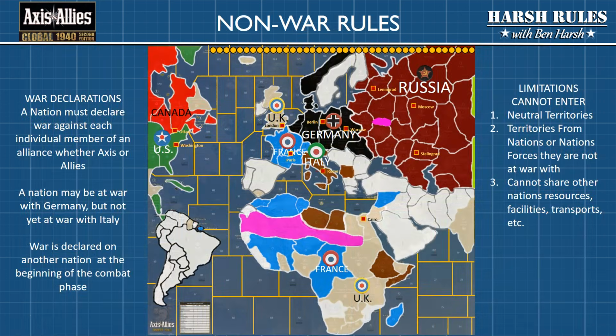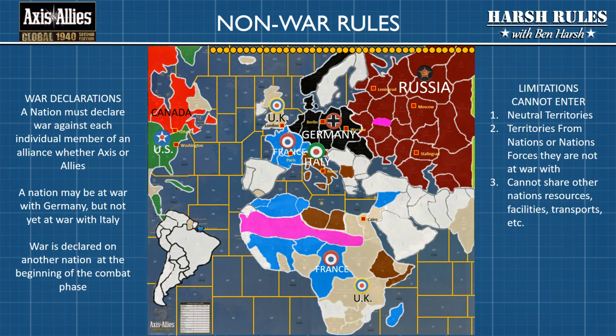Before we get into specific transit rules, let's talk about the rules in effect when a nation is not formally at war with another power. For naval movement, ships not at war do not block the naval units of other powers and vice versa. They can occupy the same sea zones. A power not at war cannot attack a territory controlled by or containing units belonging to a power which it is not at war with.